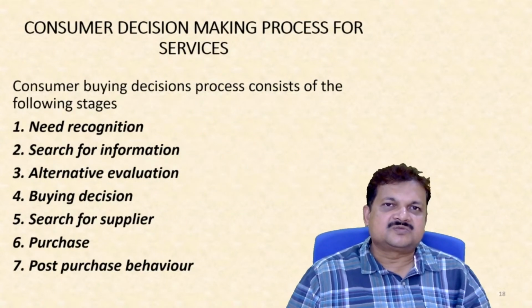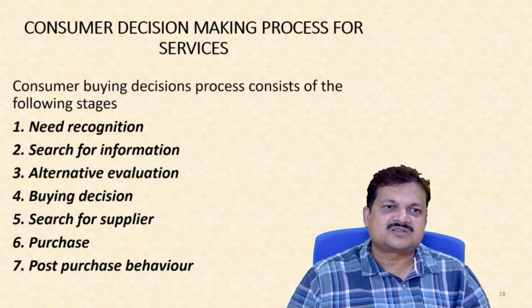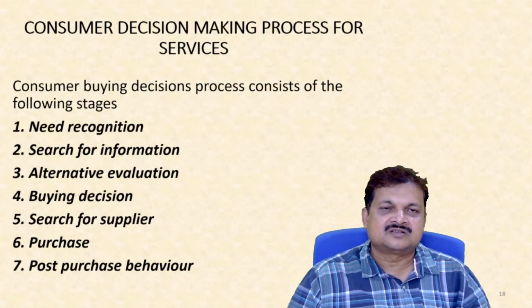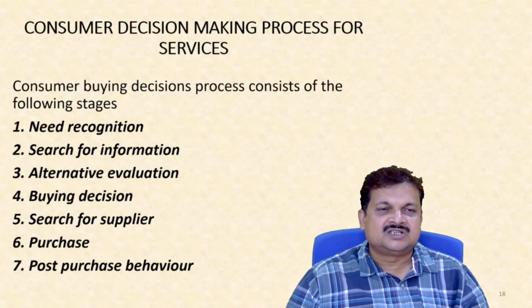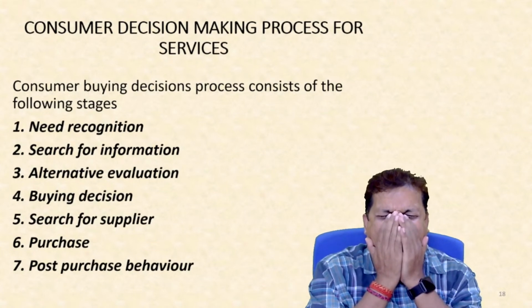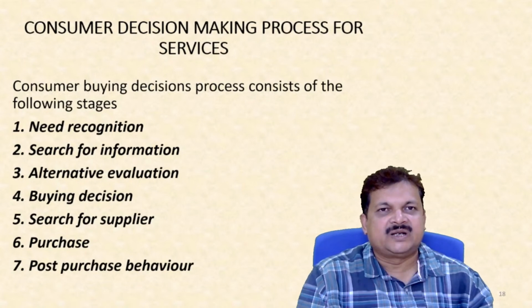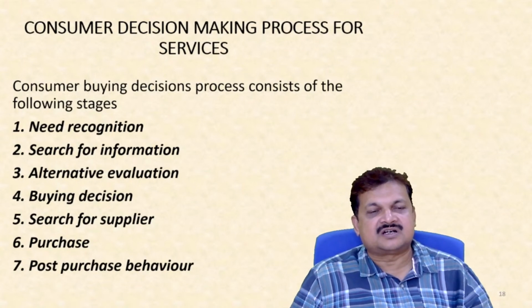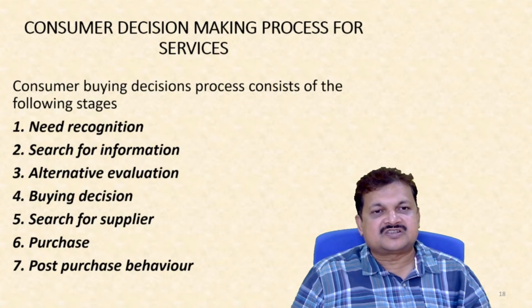Now, the consumer decision making process for services. As we had already discussed in the case of products, that is need recognition, pre-purchase search, evaluation of alternatives, purchase, then post-purchase behavior. That is the same thing, the repetition. Repetition is there in the case of services: need recognition, search for information, alternative evaluation.